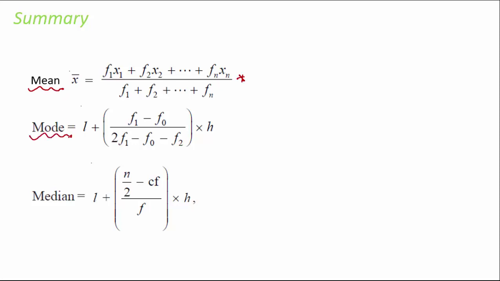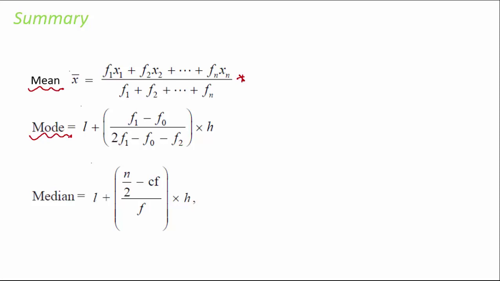Next comes mode. Mode is a value among the observations that occurs most often. For example, if I ask the students in my class, which is your favorite fruit? A lot of them might say apple, a lot of them might say banana, orange, pomegranate, etc. Now let's say apple is one such fruit which is getting repeated multiple times.